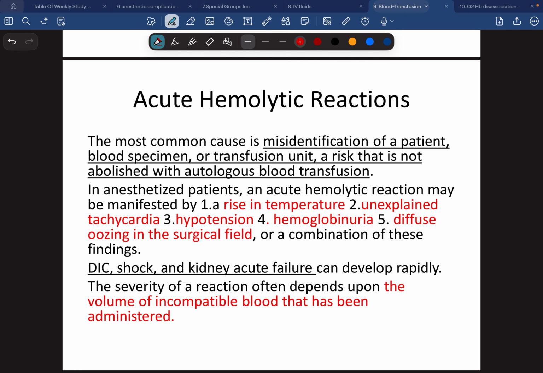Hemolytic reactions are commonly classified either as acute intravascular or delayed extravascular. Delayed extravascular, where does it happen? Spleen, and might happen in the liver as well.